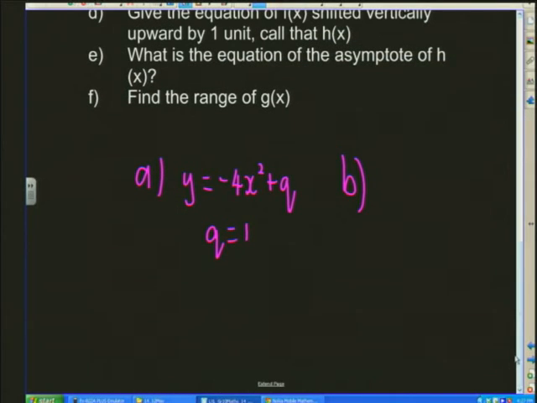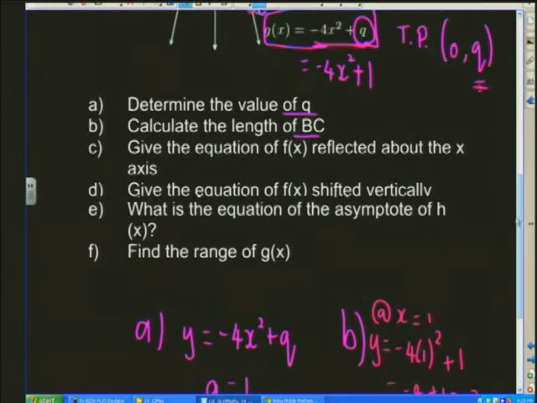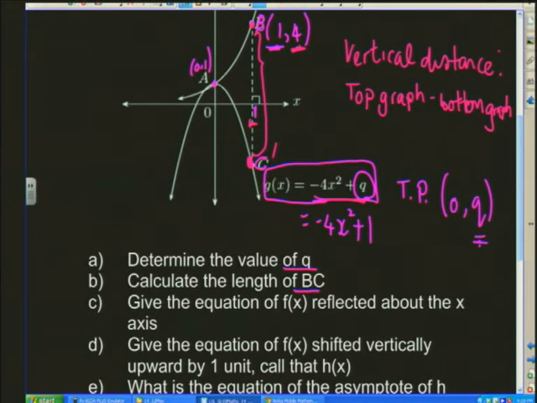Okay, so first thing we do is find out what the y value is when x is equal to 1 on the parabola. So at x equal to 1, I'm going to substitute 1 in place of x, and I'm going to get minus 4 plus 1, which is negative 3. So therefore the coordinate becomes 1 and negative 3. So point C is the point 1 and negative 3.